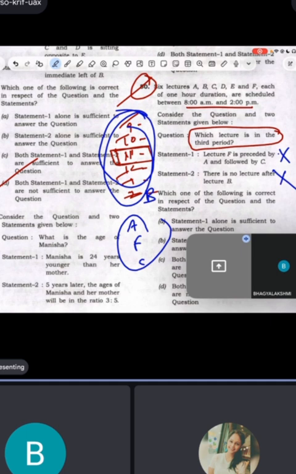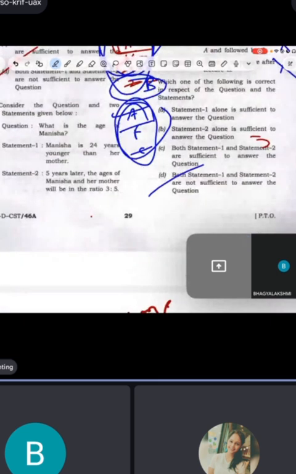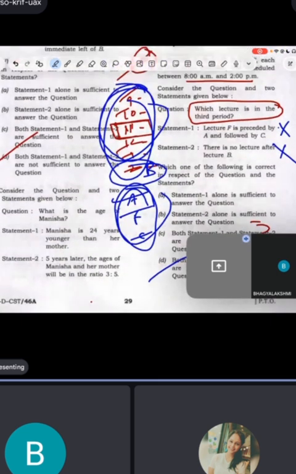We cannot find out the answer even by this. And even if I combine them, I cannot find it out, because we don't know who is in the first, second, or third lecture, because there are 5 places. We know only one position fixed, that is B. The answer will be D. If you want to arrange a program, you can arrange.